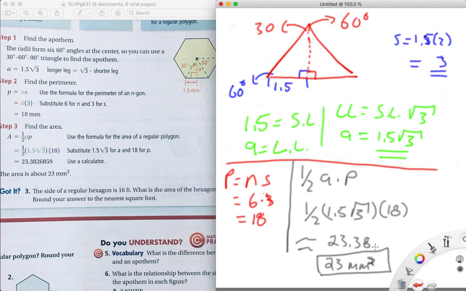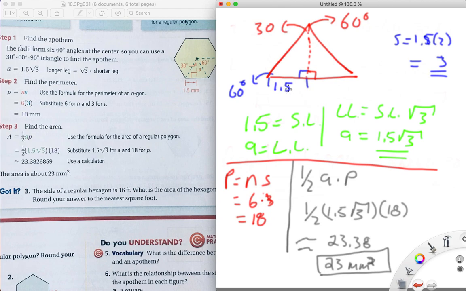First thing I do is I recognize that I have a regular hexagon, which means I'm dealing with a 30, 60, 90 triangle. I realize that they give me the 1.5, which is the shorter leg of this 30, 60, 90. So the longer leg is equal to the shorter leg times the square root of 3, and that longer leg is also the apothem. So the apothem is equal to 1.5 times the square root of 3.